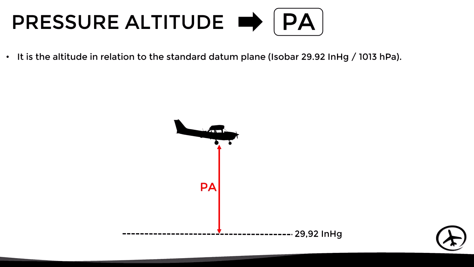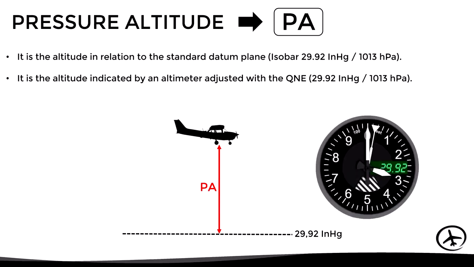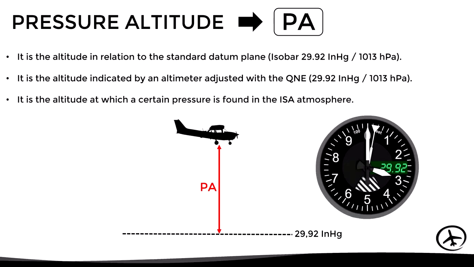Therefore, we can also say that this pressure altitude is the altitude indicated by an altimeter adjusted with the QNE, since in this case, the altimeter would be measuring the altitude in relation to the standard isobar. And considering that in the ISA model, the pressure at each level has a fixed value, we can also say that the pressure altitude is the altitude in the ISA atmosphere where a certain pressure is found.